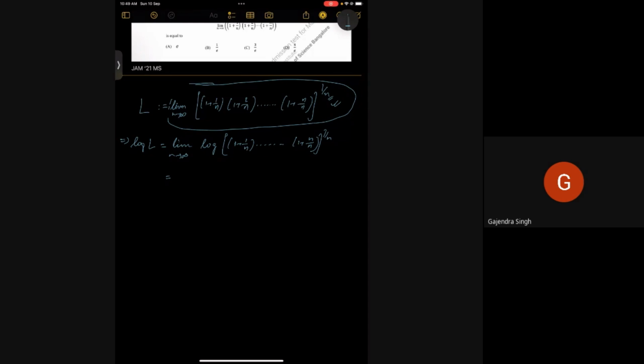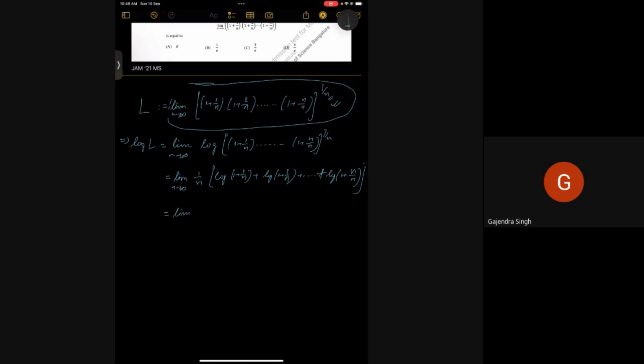Okay. So we take the log and the limit, right? So when I take the log, this 1 by n will come down here, and by property of log, it's 1 by n times log of 1 plus 1 by n, plus log of 1 plus 2 by n, plus dot dot dot, plus log of 1 plus n by n.